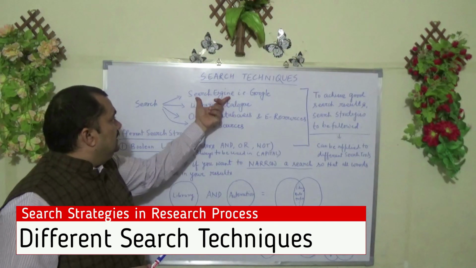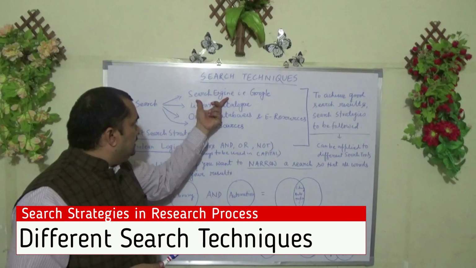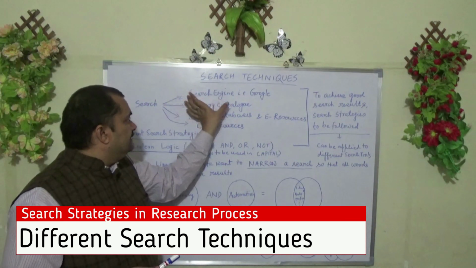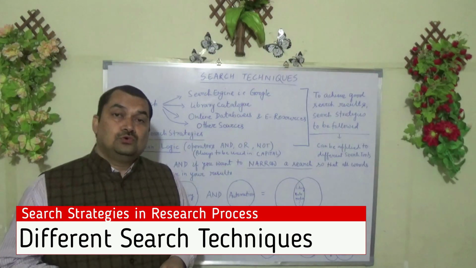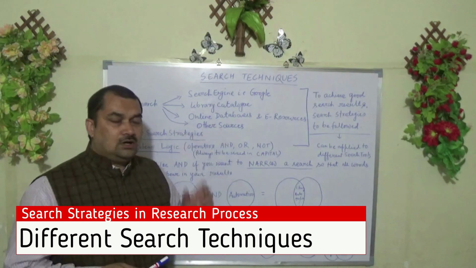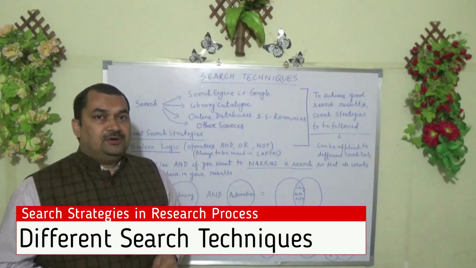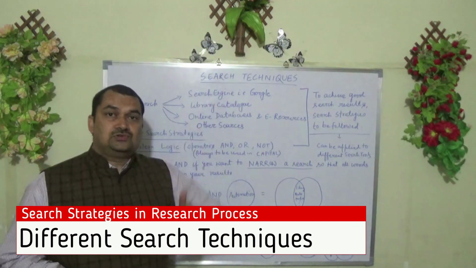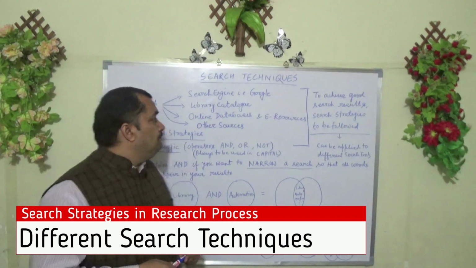So first we approach a search engine. I will discuss the different search tools in detail later. Today we are going to talk only about the search strategy. In the next video we will talk about the different search tools where we can approach for getting the right information.